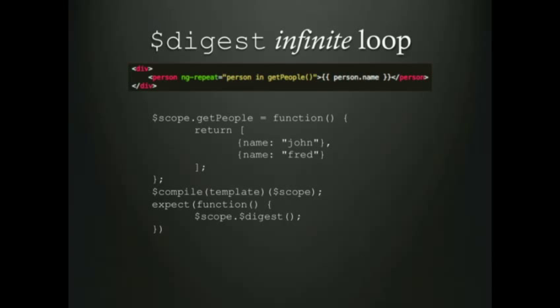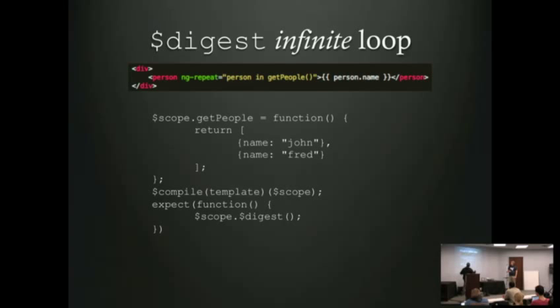That's another gotcha that you can run into in AngularJS binding world. So I have a template here. I put an ng-repeat on this thing, a person, and in it I'm implicitly getting a watch, I think actually watchCollection, on this getPeople function.